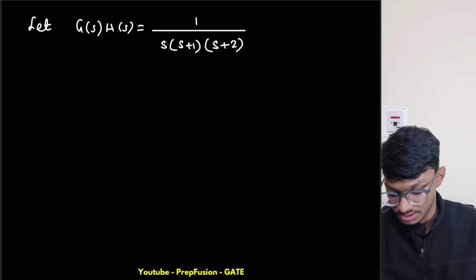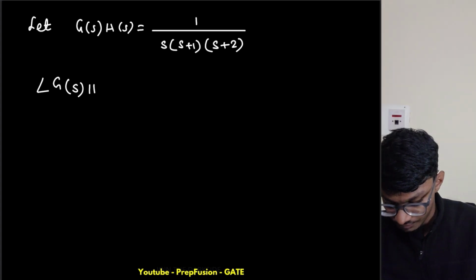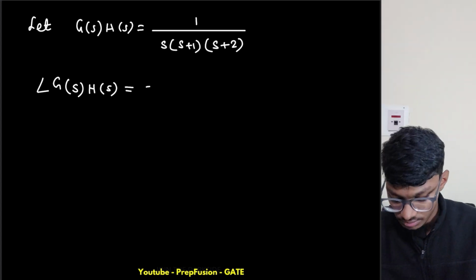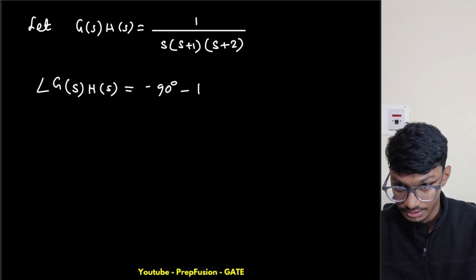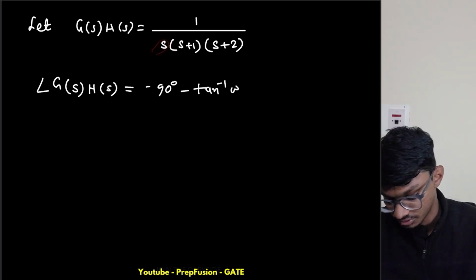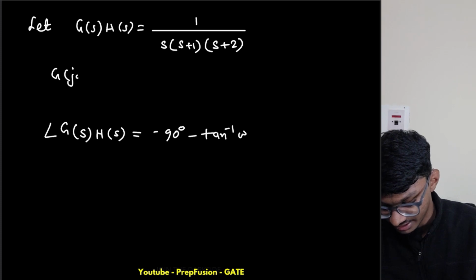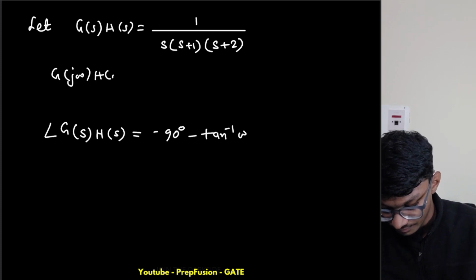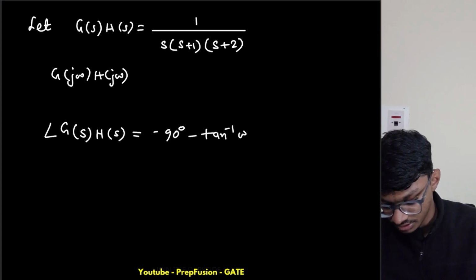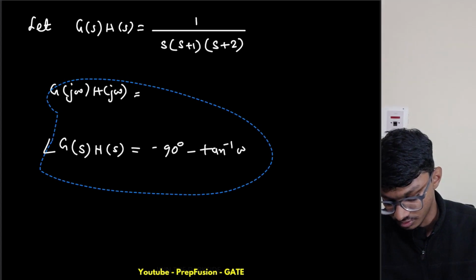Now what is my angle? Angle of G of s into H of s equals simply minus 90 degrees minus tan inverse omega minus tan inverse omega by 2. I will replace s equals j omega; I was skipping this one. In the exam you can skip it, but be careful that you are not making any silly errors.